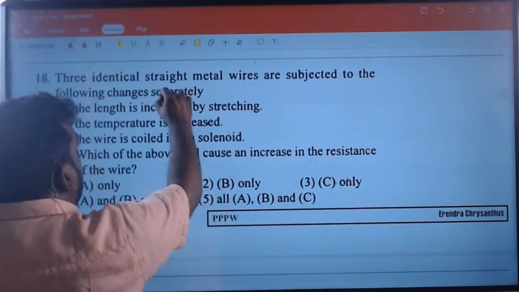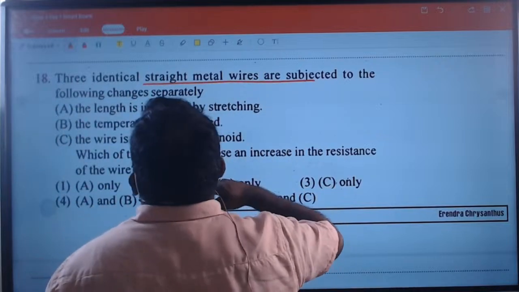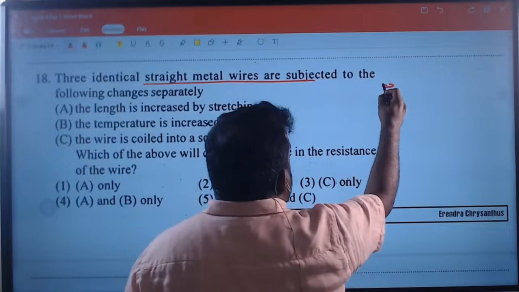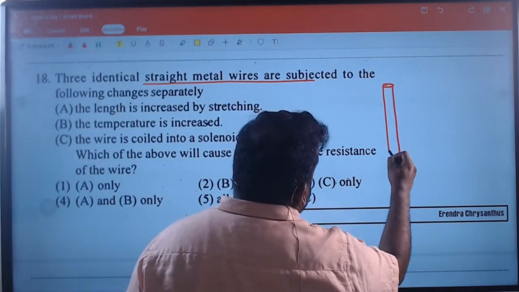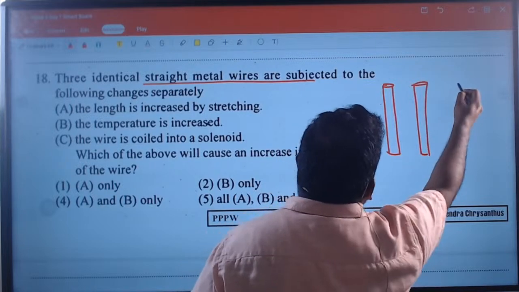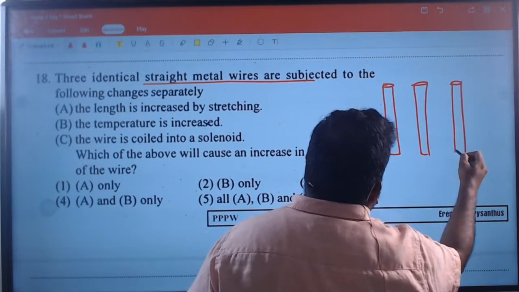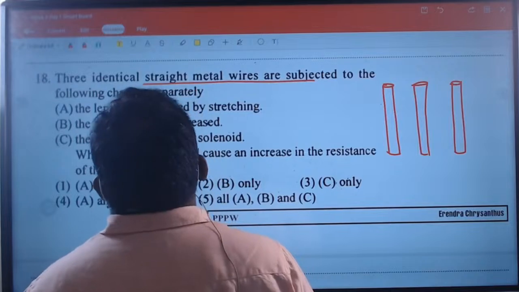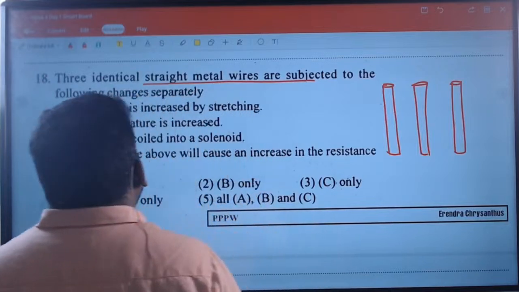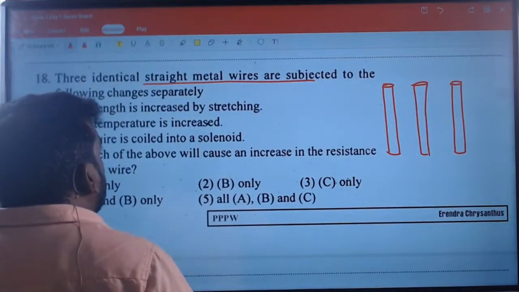Three identical straight metal wires are subjected to the following changes separately. Three identical means dimensions are same. Are they from the same metal? Maybe different metals. Length is increased by stretching.